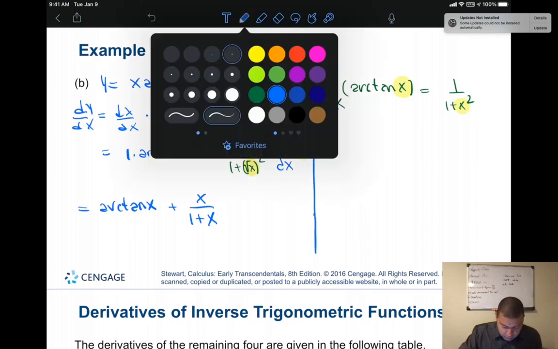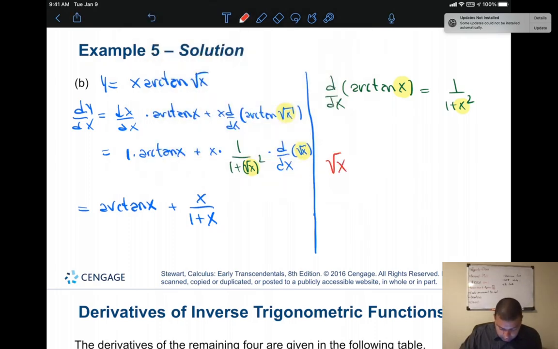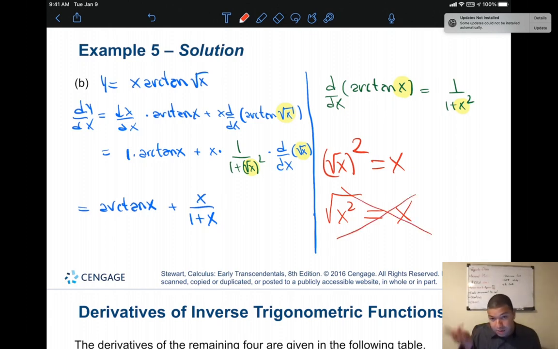So I'm saying that square root of x squared equals x. Just remember that sometimes if you do the opposite, that may not necessarily be equal x. If you square it first and then you take the square root, you may not necessarily get that. You may get an absolute value. Okay, just remember that. But this order that we have is okay.